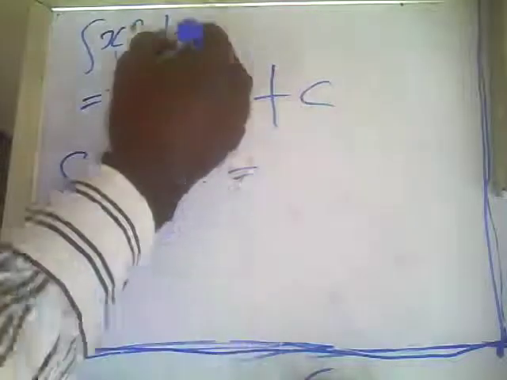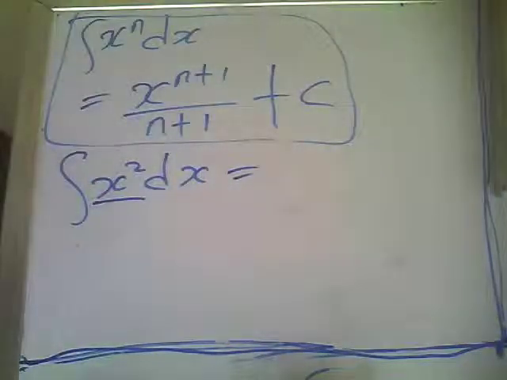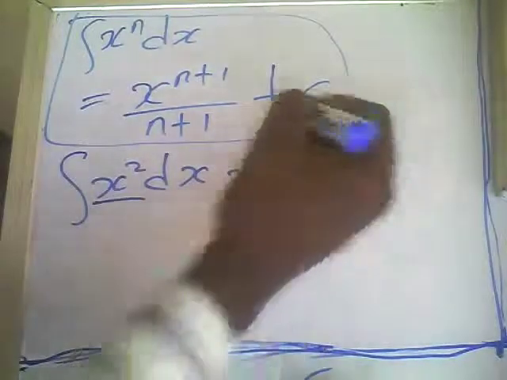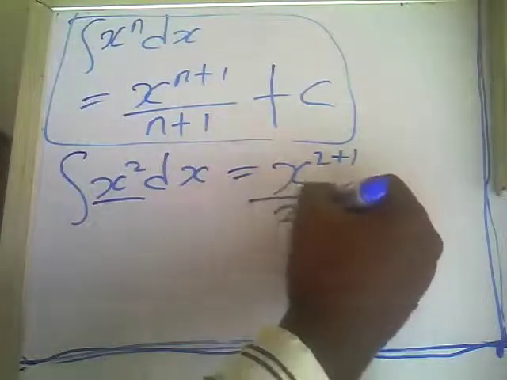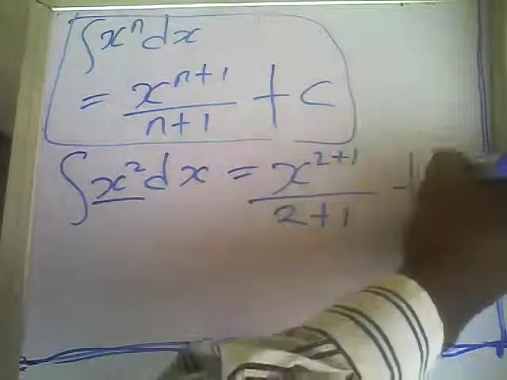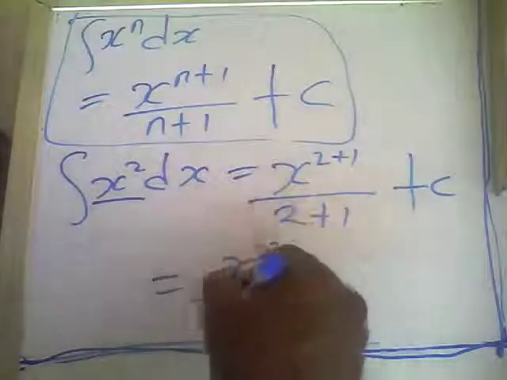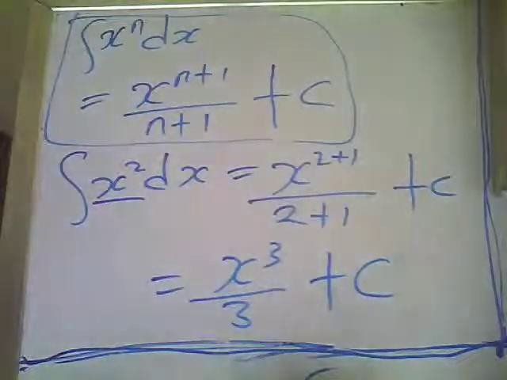Following the rule of integration of a power function, we add 1 to the power, that becomes 2 plus 1, and then we divide the result by the new power. Then we add the constant c. So that gives us x to the power 3 all over 3 plus the constant of integration.